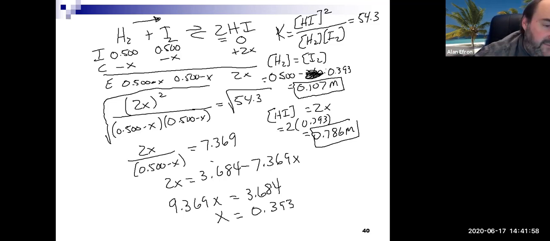And it would really affect the change part of it. So sometimes you do need to use Q to help you out with that change part and determine which way it's going. Probably 9 times out of 10, minus is on the reactant side, plus is on the product side is the way it's going, but it is another place where you can use Q. Any questions on this particular one here?